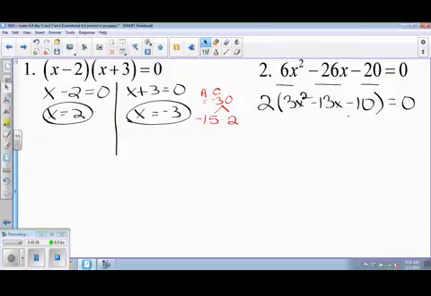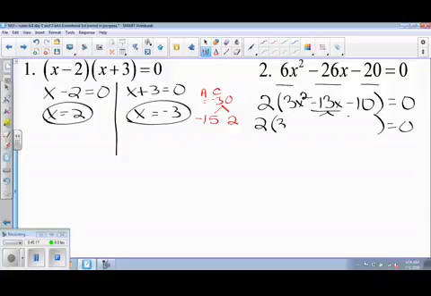So, I still have my 2 here. I'm going to split my middle term up into these two. So I have 3x squared minus 15x plus 2x minus 10.